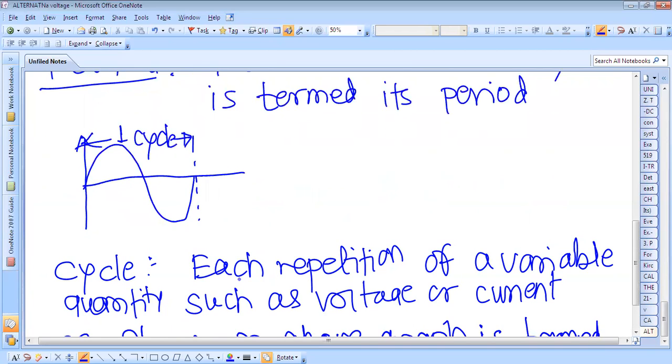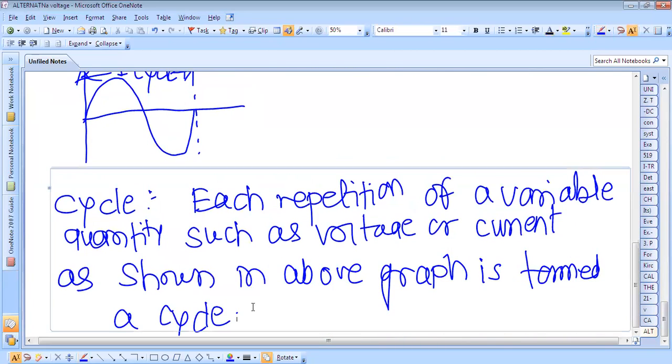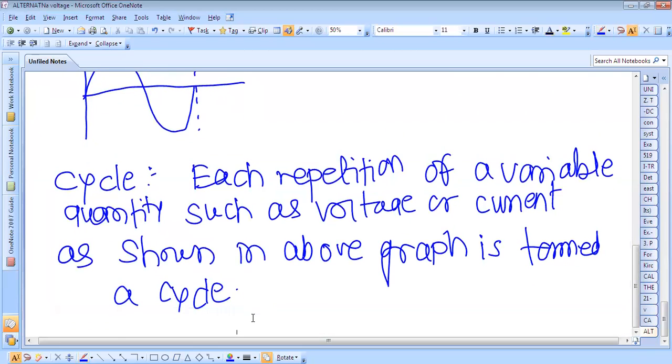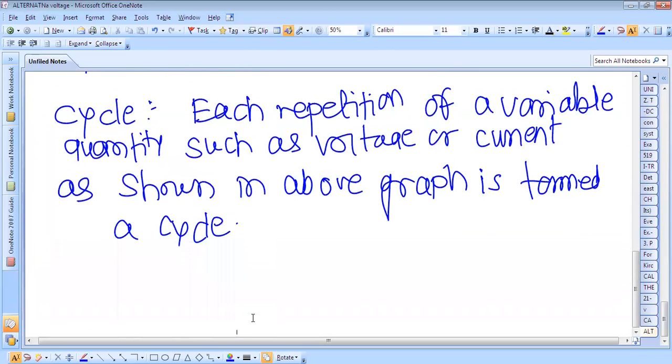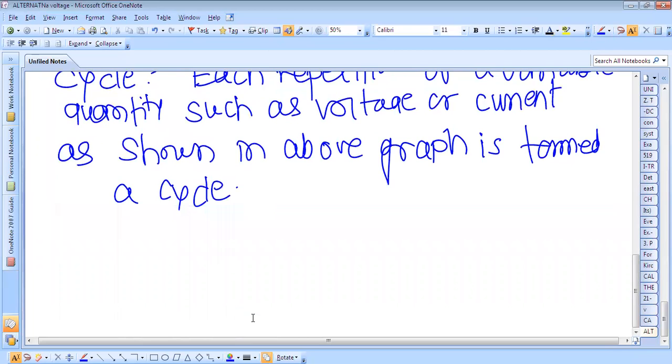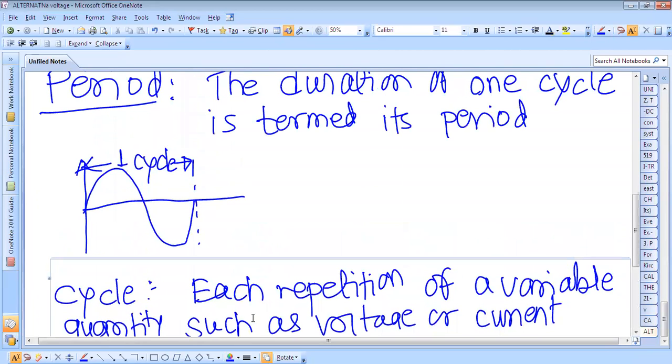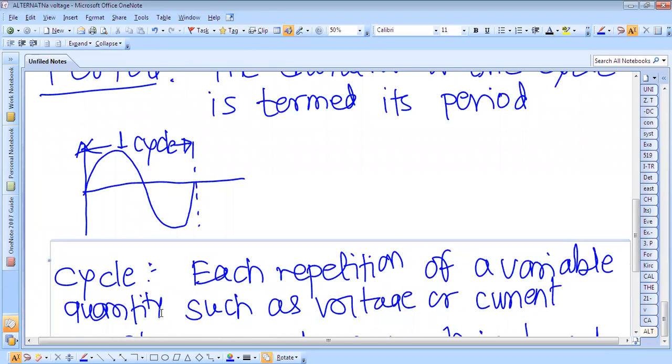So this is one cycle, and the duration of one cycle is called the period.